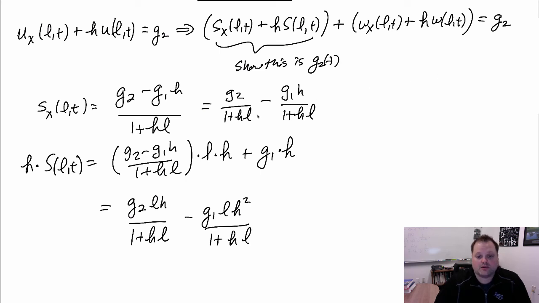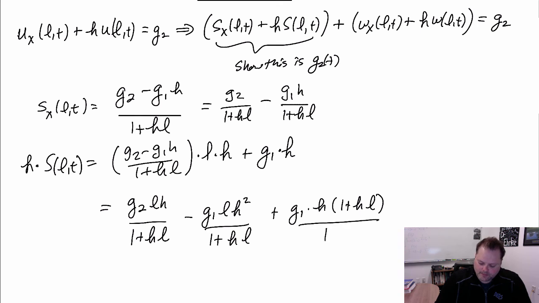And you see here how all of the terms are over 1 plus hL. I'm going to get a common denominator for this term. And what we'd like to see is all this stuff cancel, leaving us with a g2. And in fact, it does cancel. Let me show you. Here I have a g2Lh.